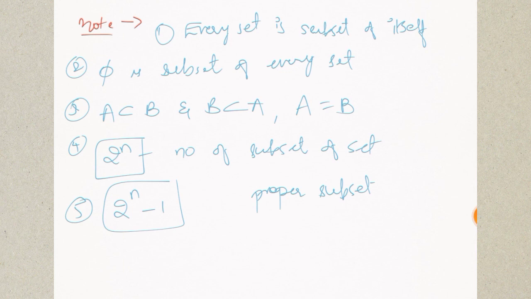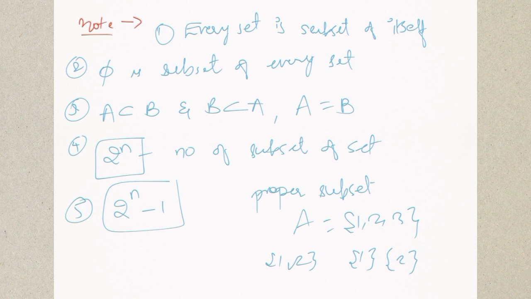I'll give you an example. Suppose A is the set 1, 2, 3. 1 2 is also a subset, 1 is also a subset, 2 is also a subset, but 1 2 3 should not be counted as a proper subset, because it will become equal. So what are all the proper subsets for this?